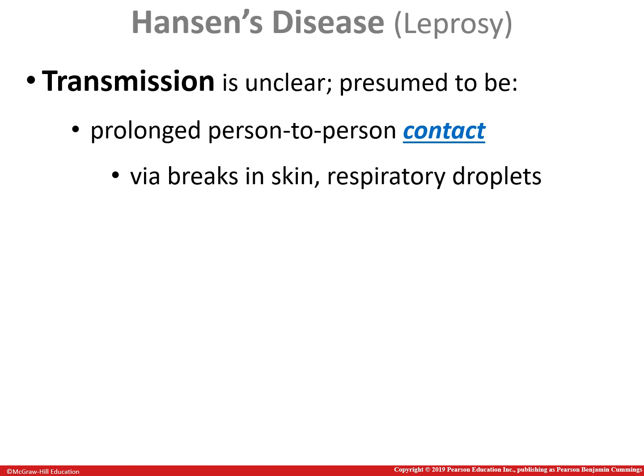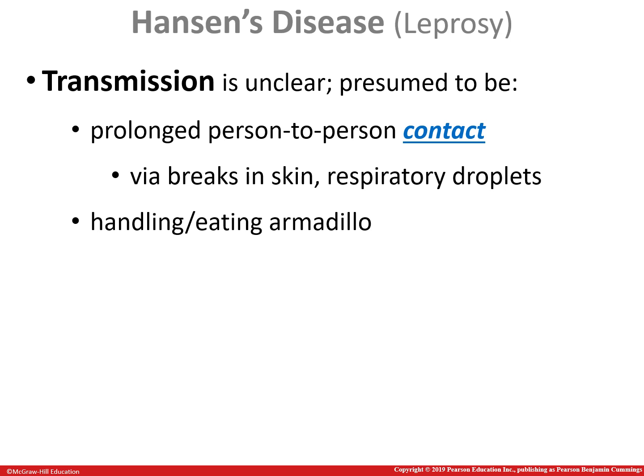So the mode of transmission is actually still not 100% understood, but we presume it to be person-to-person contact by way of prolonged contact, right? So think caretakers of an individual that is infected. And so we presume there's probably a break in the skin and or respiratory droplets, but again, it's not casual contact. It's probably caretakers or living in the same home together.